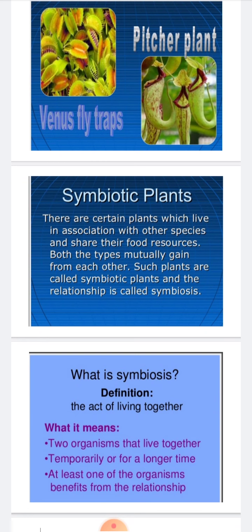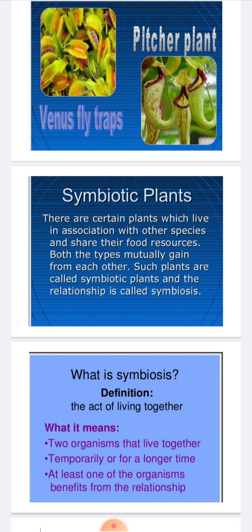The last type of heterotrophic nutrition is symbiotic plants. There are certain plants which live in association with other species and share their food resources. Both the types mutually gain from each other. Such plants are called symbiotic plants, and the relationship is called symbiosis.